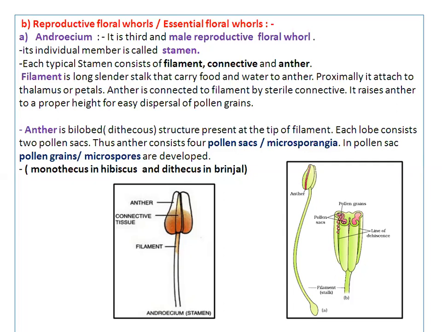In a microsporangium, microspores, that means pollen grains, are produced by the process known as microsporogenesis.